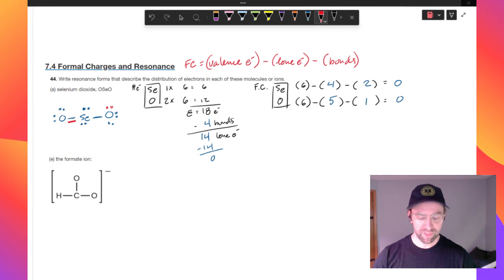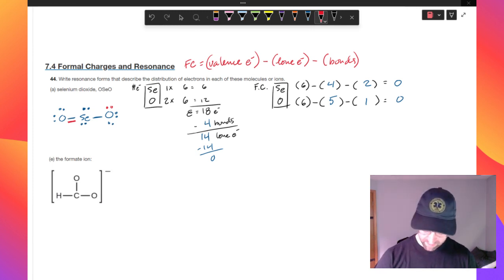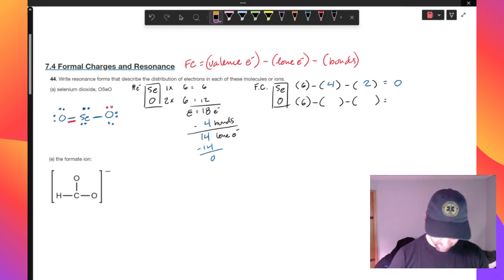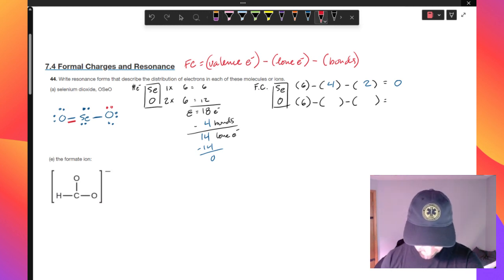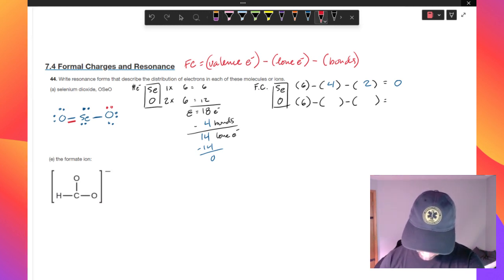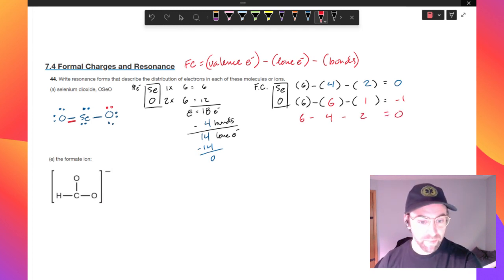We calculated formal charge, that's fine. Let me correct this really quick. So if we have, for example, 6 and 1, that would give us -1. But if we have 6 and 4 and 2, that equals 0.